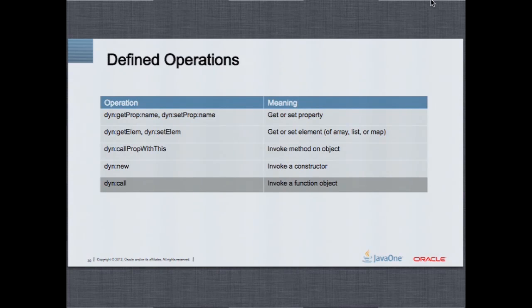Yeah. So, what operations do we support right now? We have a property getter, a property setter, an operation for getting and setting elements of a container, which are typically arrays, lists, and maps, directly invoking a named method on an object, invoking something that serves as a constructor.